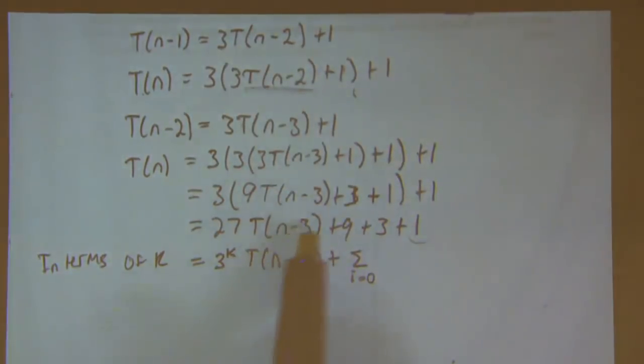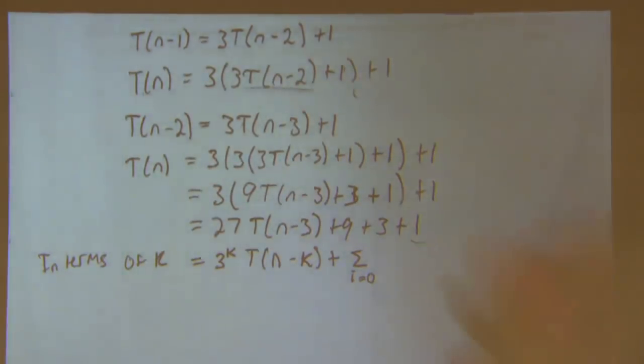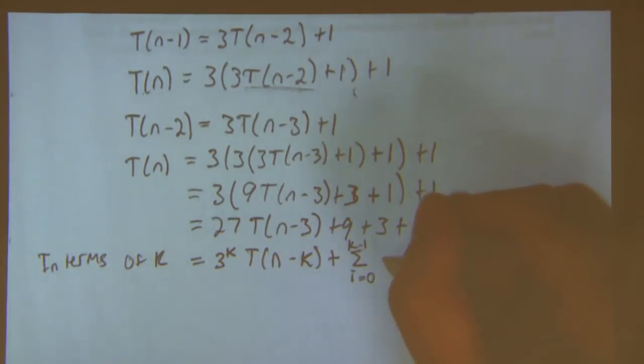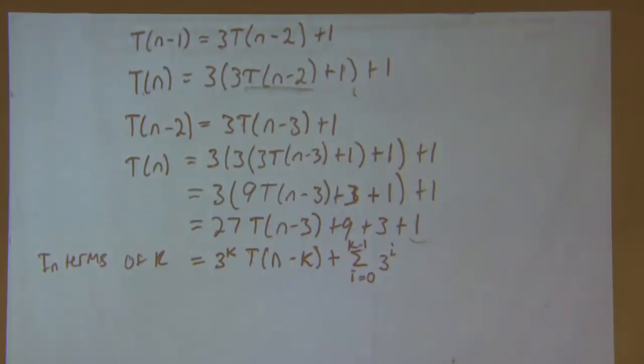And then I look here, and this is the 2nd power of 3, this 9 right here. And so I'm going up to k minus 1 power of 3. And then I'm just going to sum 3 to the ith power. Everybody following me doing that? Good?